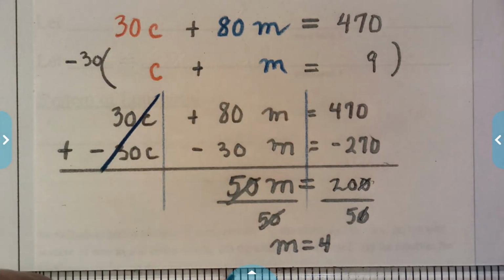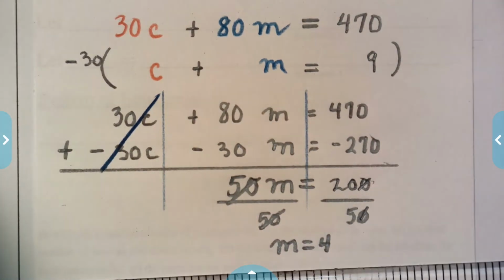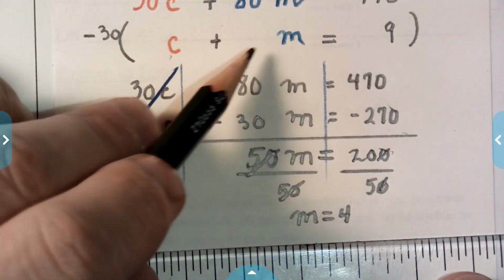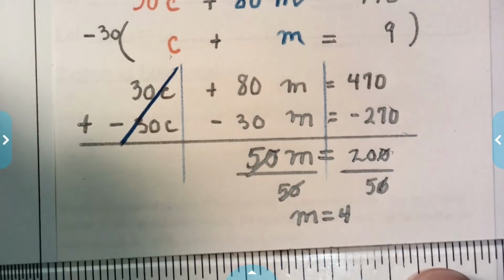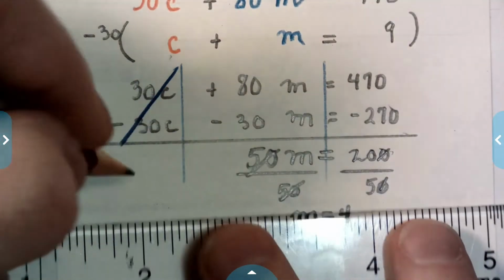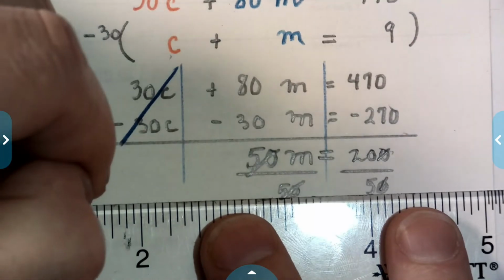Okay, so he did 4 movies. All right, well, how many commercials did he do? Well, we have an equation here, C plus M equals 9. So we've got part of our solution.